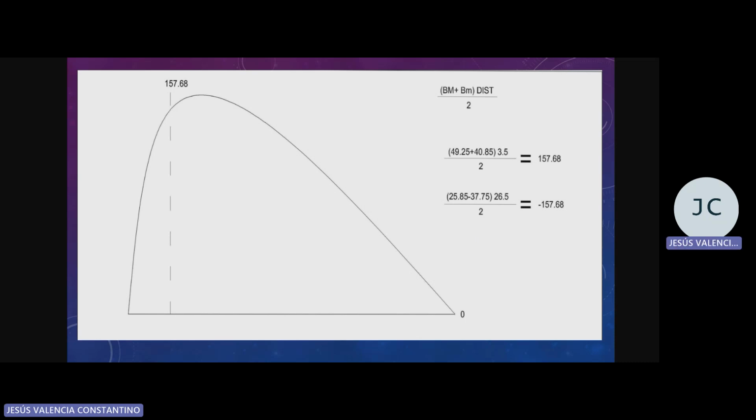Then the same formula is applied again. 25.85 minus 37.75 gives a value of minus 11.9.